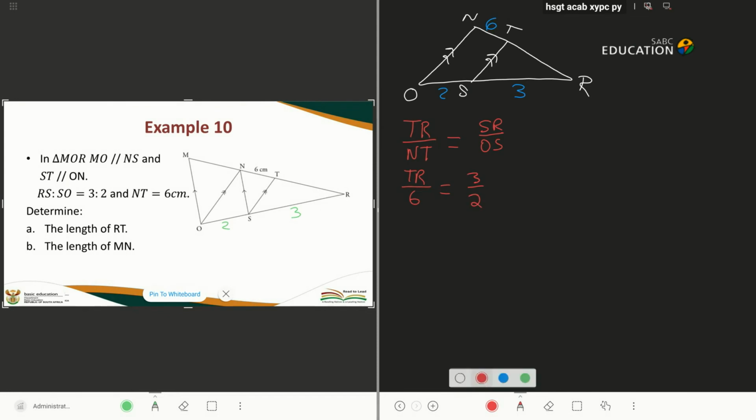I need to get rid of the 6 in my denominator, so I multiply by 6 on both sides. Again, I take my calculator because I want to cancel out any possible mistakes. 3 times 6 is 18, divided by 2 gives a value of 9 centimeters.